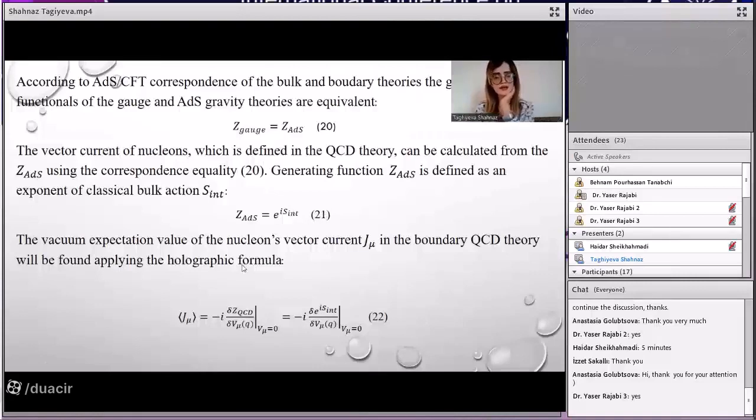And we know that the vacuum expectation value of the nucleon vector current in the boundary QCD theory will be found by applying the holographic formula as follows.